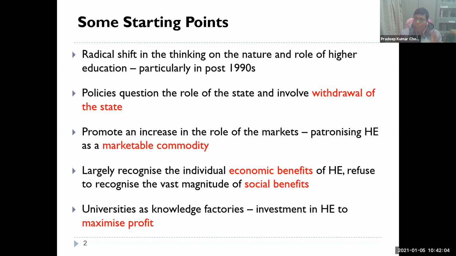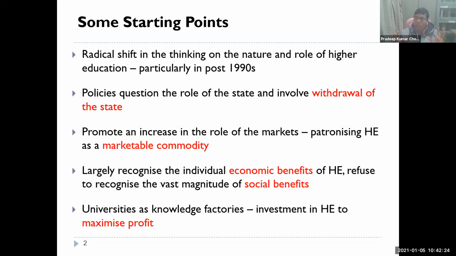But I will refer to higher education in this talk. So these policies that came post-1990s promoted an increase in the role of the market. It patronized education, or higher education, or technical education in particular, as a marketable commodity.